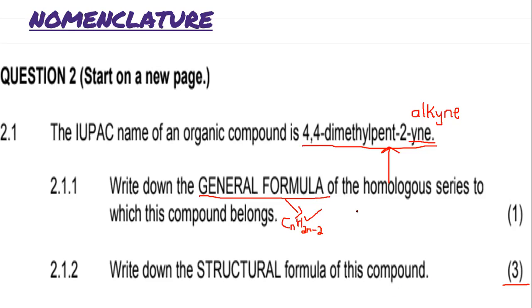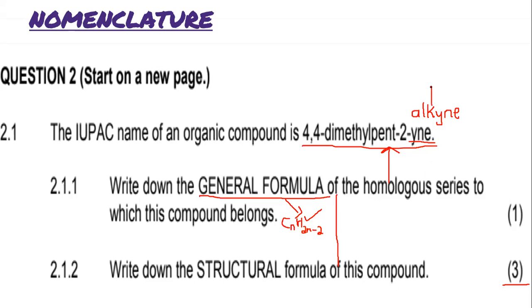Now, to draw the structural formula of this compound, let us first analyze the name. When we analyze the name, definitely, because of the -yne, it means this molecule is an alkyne. It belongs to the homologous series alkynes.